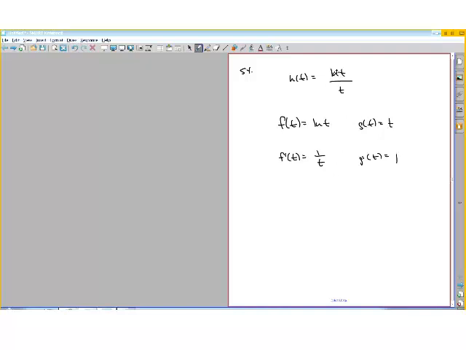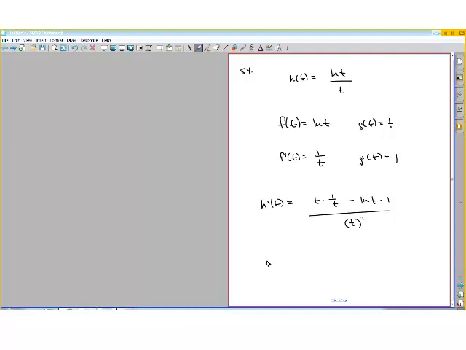So we identify the numerator and the denominator, take the derivatives of each, and then we say h prime of t is equal to the quotient rule, which says you take g of t times f prime of t. So we take t times 1 over t minus this part, which is the natural log of t times 1, all divided by the denominator, which is t, and we square that.